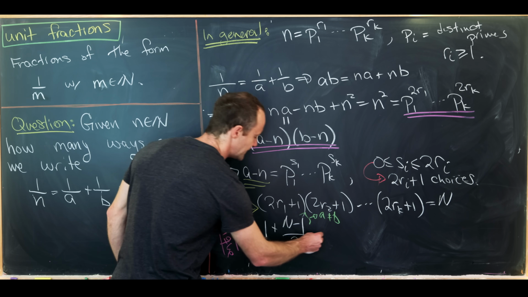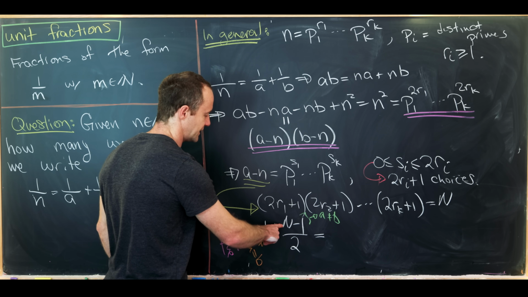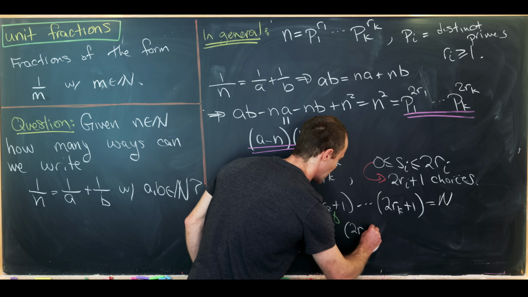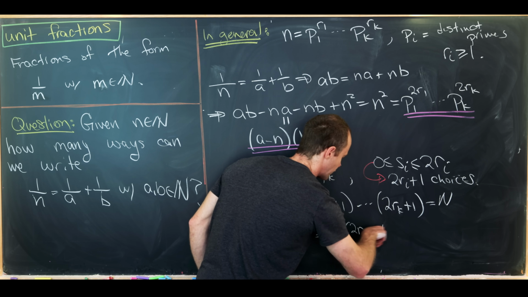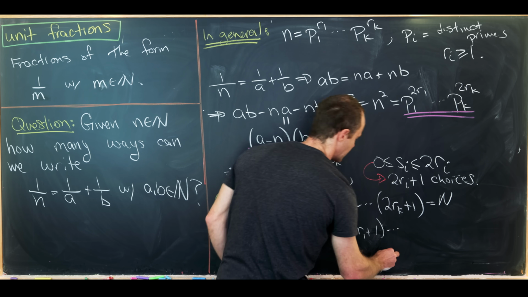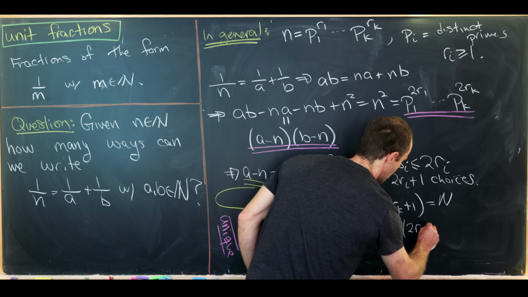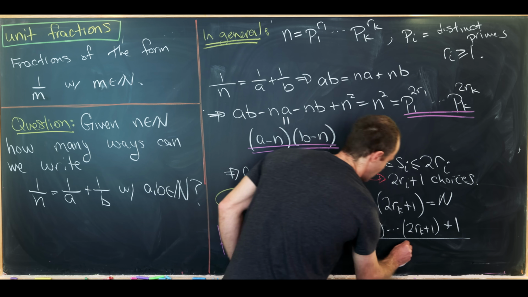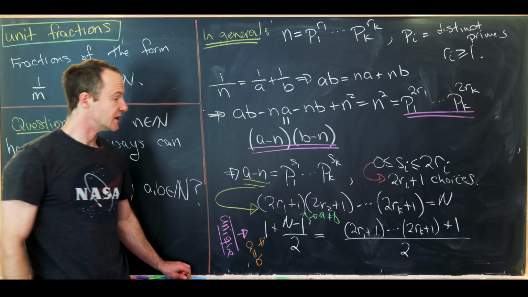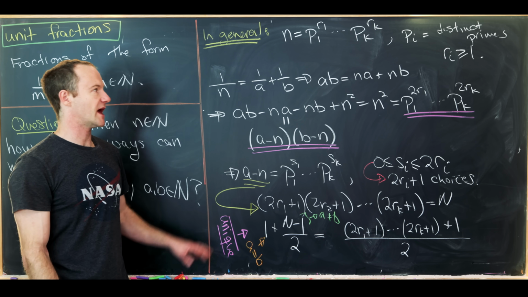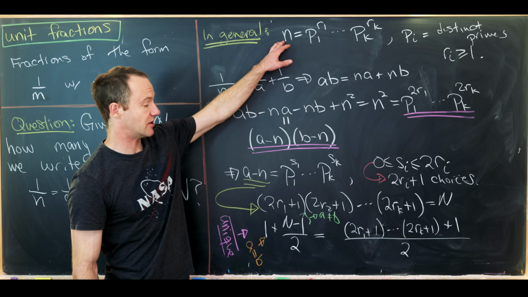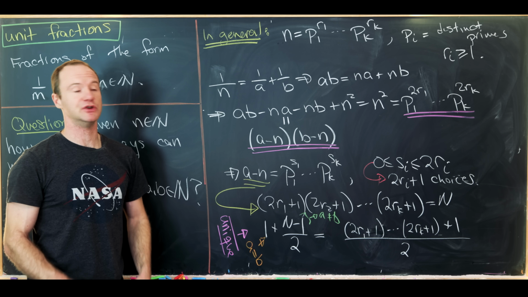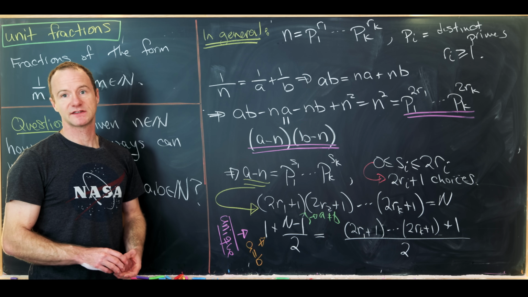And then maybe we could put this together to simplify it. Notice we'll put it together to get n plus 1 over 2, but we might as well write n as this big product. So 2r1 plus 1 multiplied up to 2rk plus 1, and then plus 1 on the outside, all over 2. So that would be our total number of ways of decomposing our number n into a sum of 2 unit fractions. And that's a good place to stop.